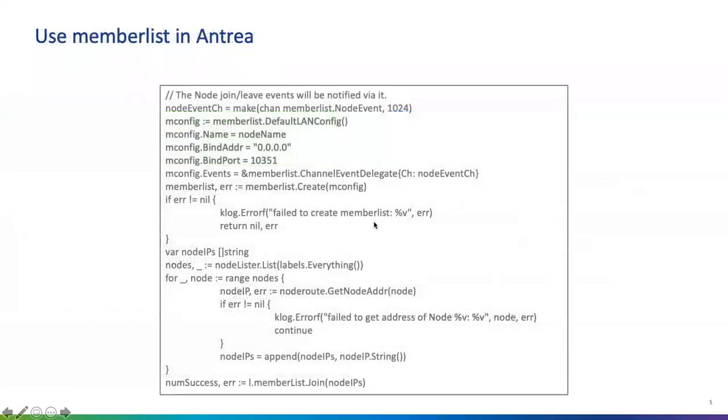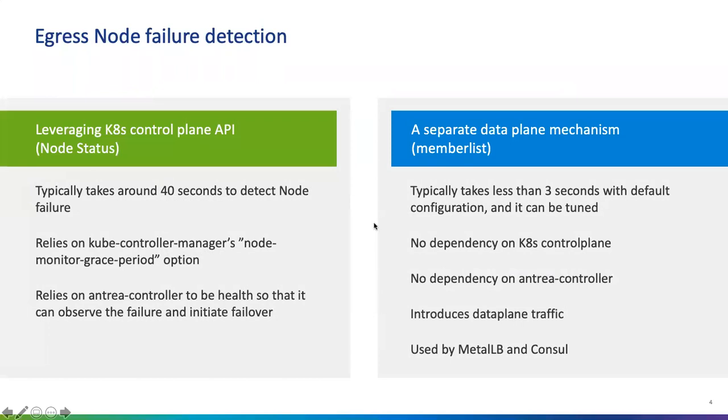Chan, yeah, quick question on the previous slide. Why, on the solution on the left, does it rely on the Antrea controller to be healthy, when all the agents are watching all the nodes anyway in the node route controller? Yes, good question. In my original thought, I was thinking we need a leader to be responsible for assigning the IPs to nodes.